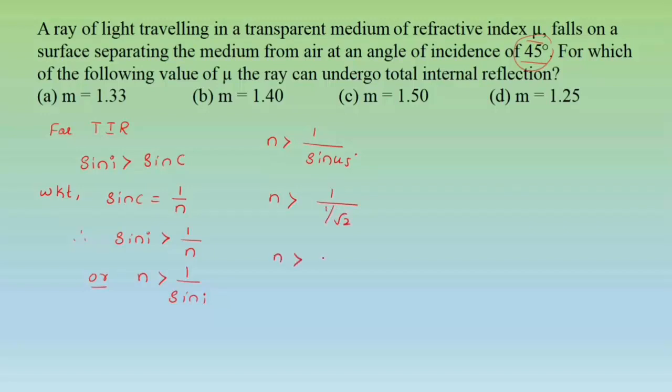So n is greater than root 2. So the ray can undergo total internal reflection when n is greater than root 2, that is, greater than 1.414. n equal to 1.5 is greater than 1.41. So option C is right.